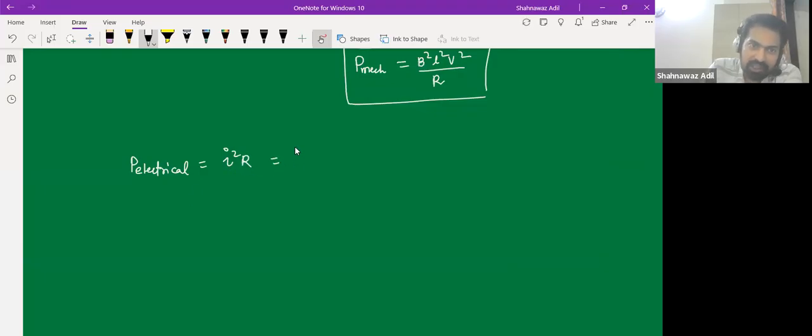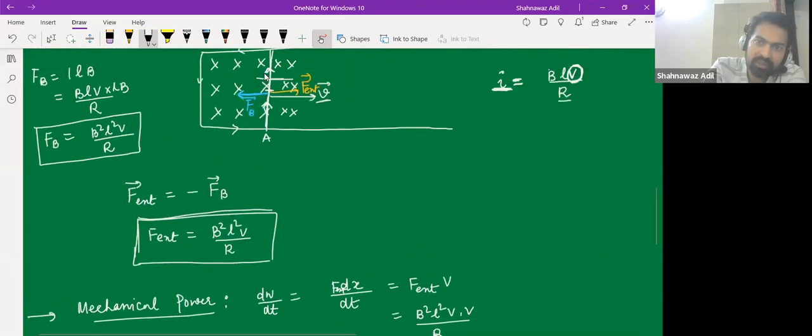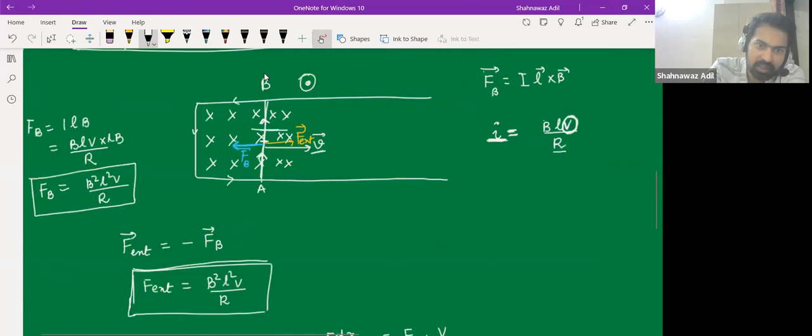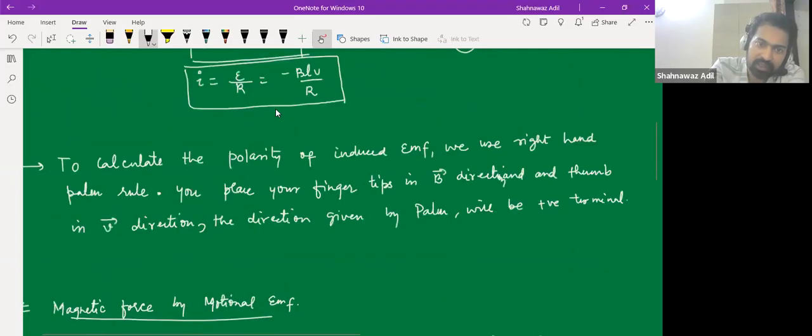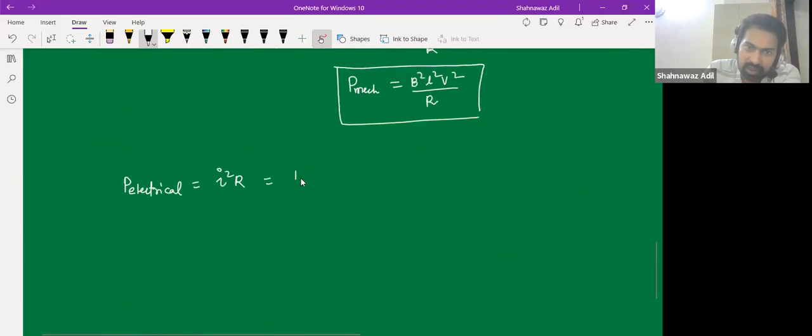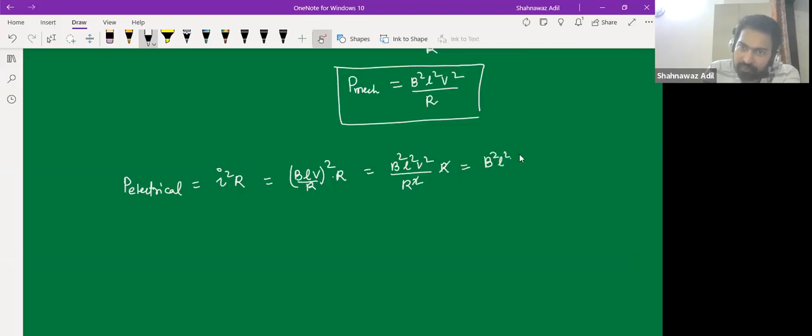So I, you have already calculated, this was BLV by R. So this is B square L square V square by R square and then R. So this cancels out and this is equal to B square L square V square by R, which is exactly equal to mechanical power, right?